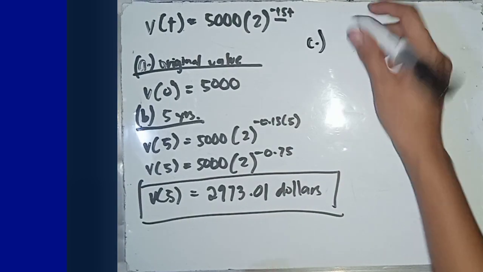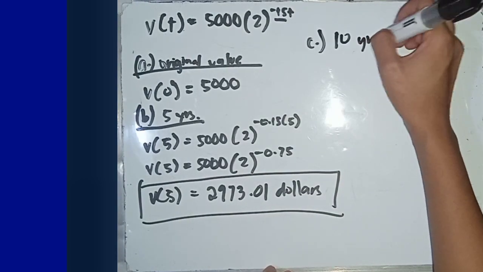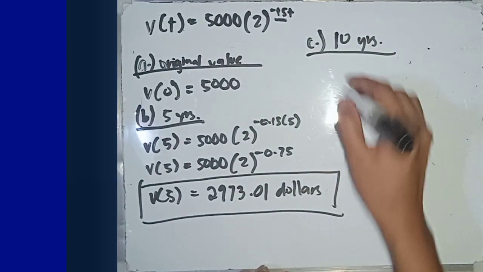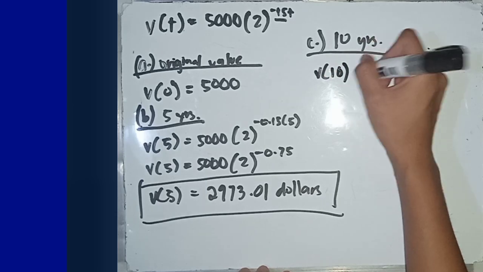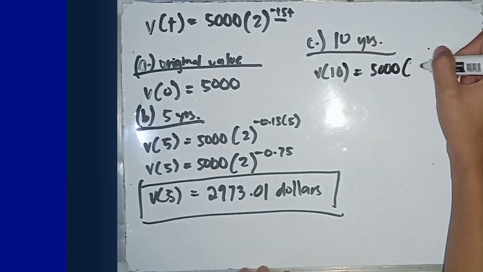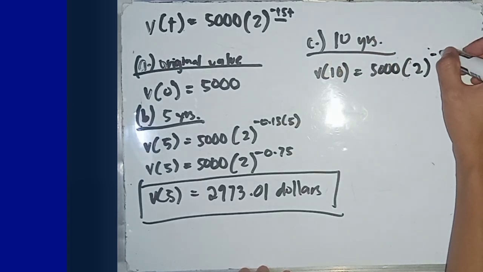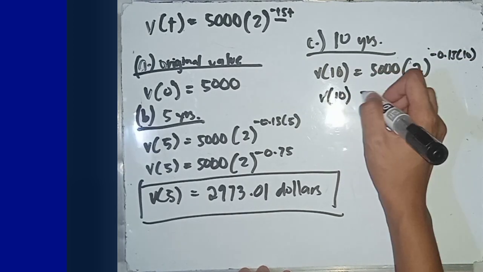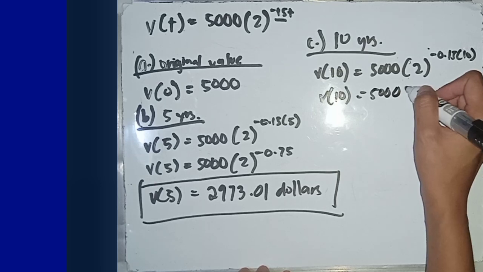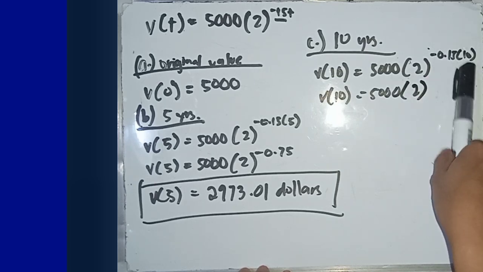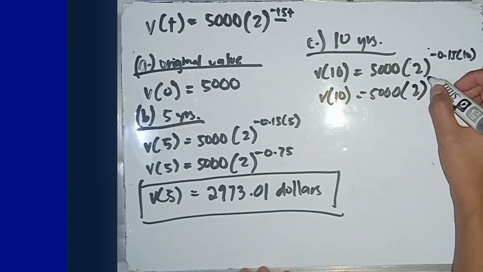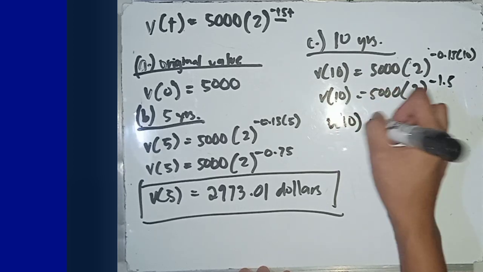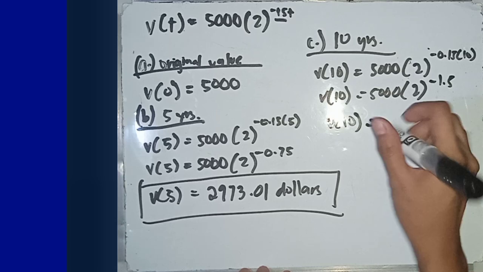Okay, so now let's proceed to letter C. Letter C is the value of the machine 10 years after the purchase. Okay, so let's just set the T to 10, same way as we did with the 5 years. So 5,000 multiplied by 2 raised to the power of negative 0.15 times 10, that is negative 1.5.